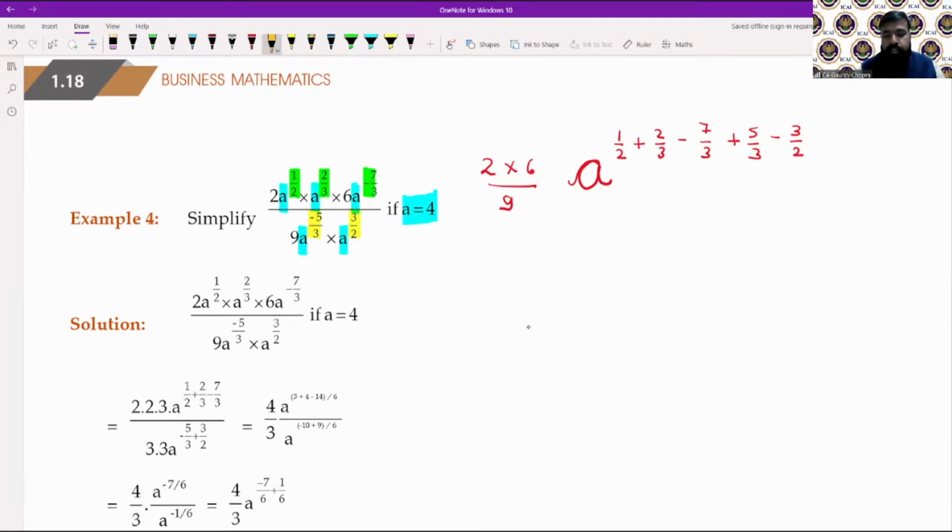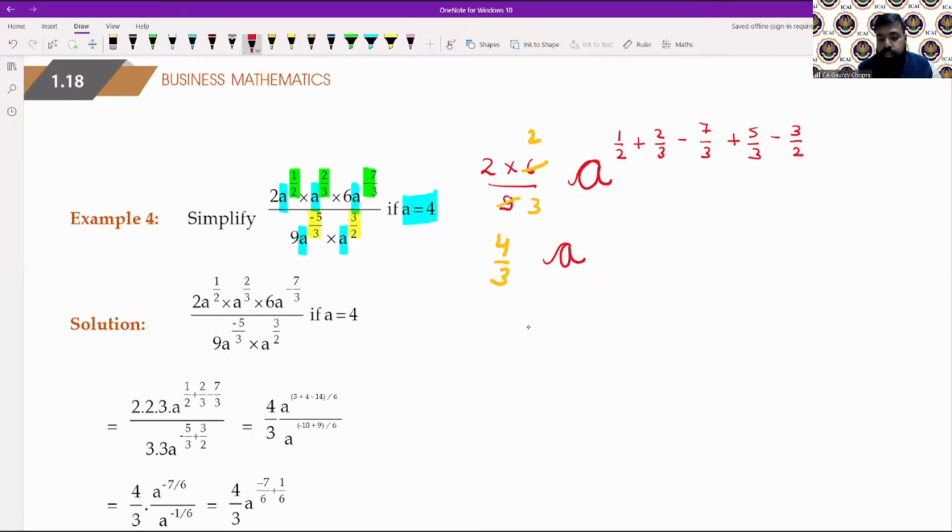Now let us cancel and simplify. So cancel with 3. So what is left? 4 by 3 is left here. Now, when we are talking about power of a, we can take LCM.